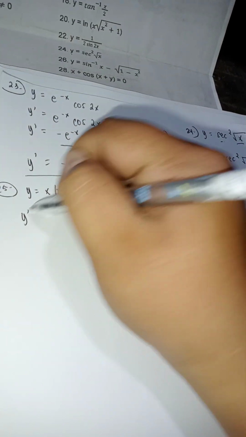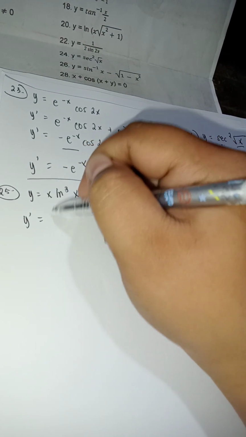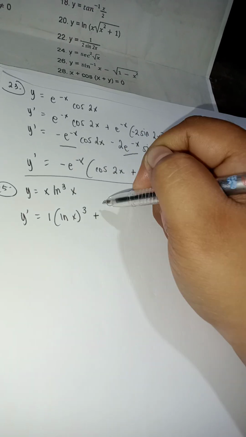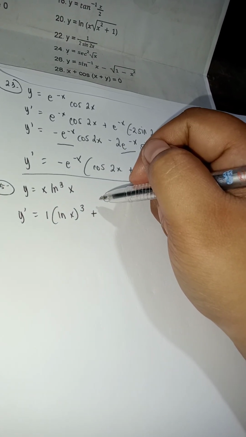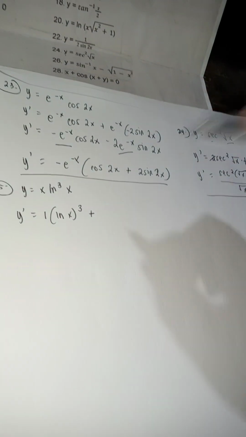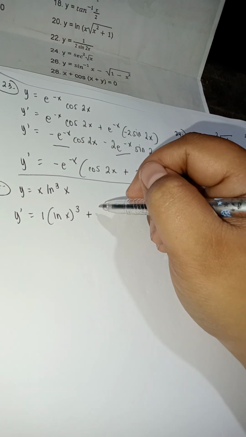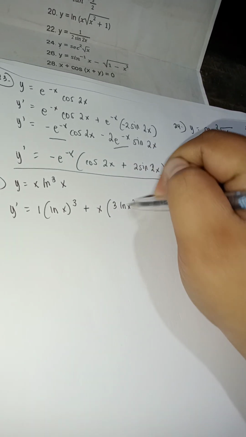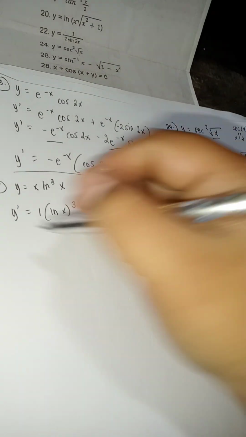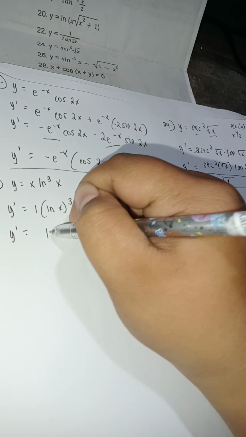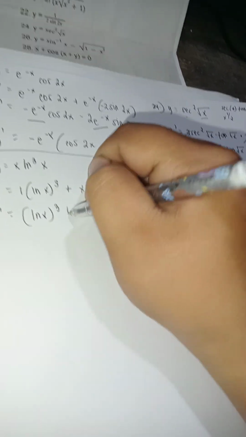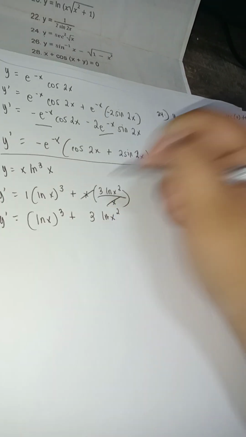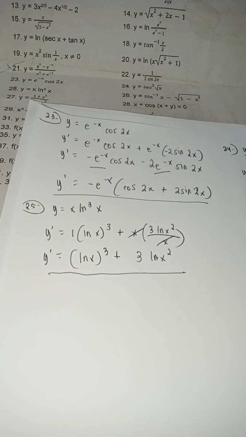Y prime is equal to the derivative of x, which is 1, times ln cubed x, plus x times the derivative of ln cubed x, which is 3 ln squared x over x. Next, we are going to simplify it. This is equal to ln cubed x plus 3 ln squared x. Cancel this out. It results to this. So this is our final answer.